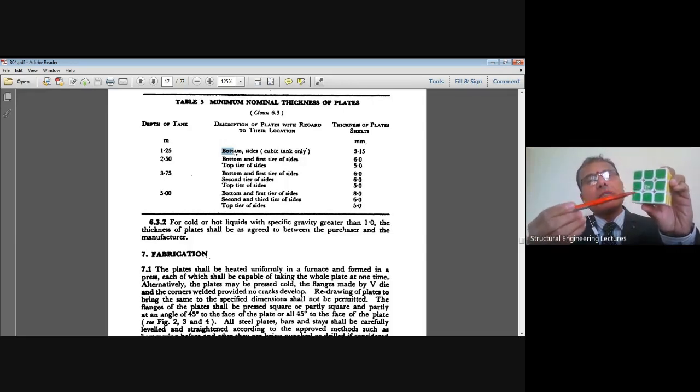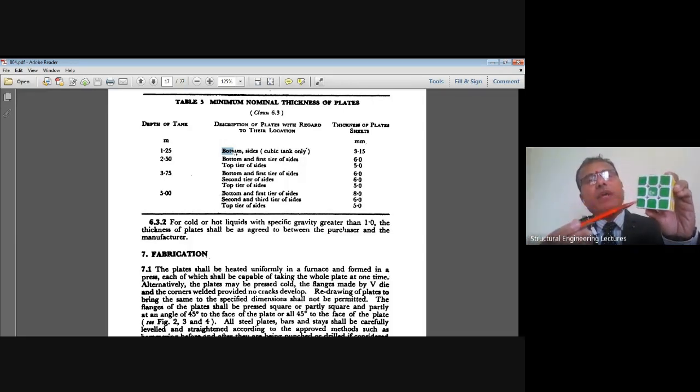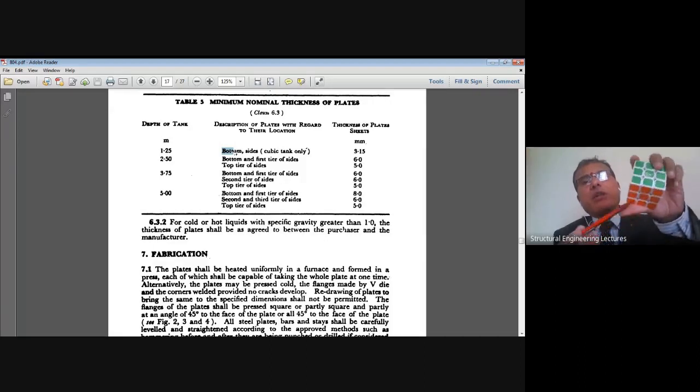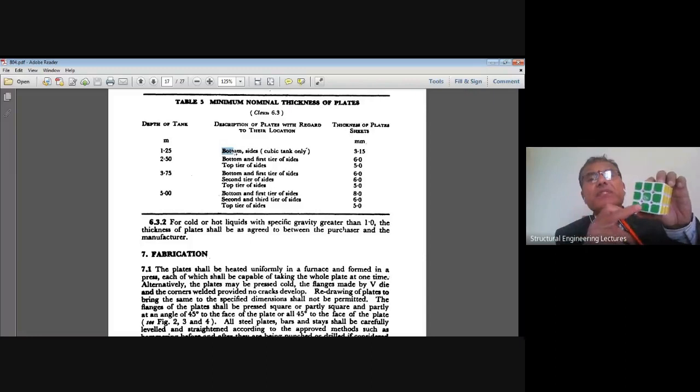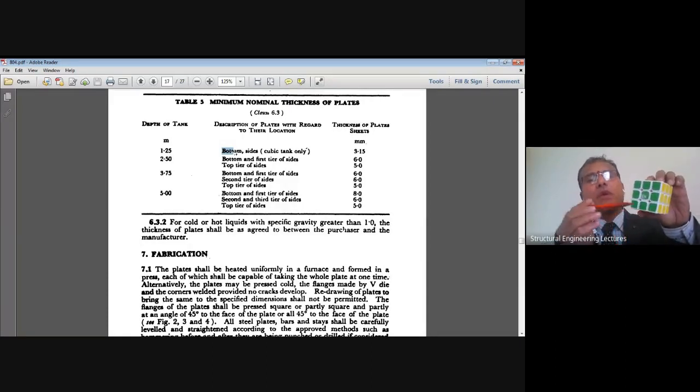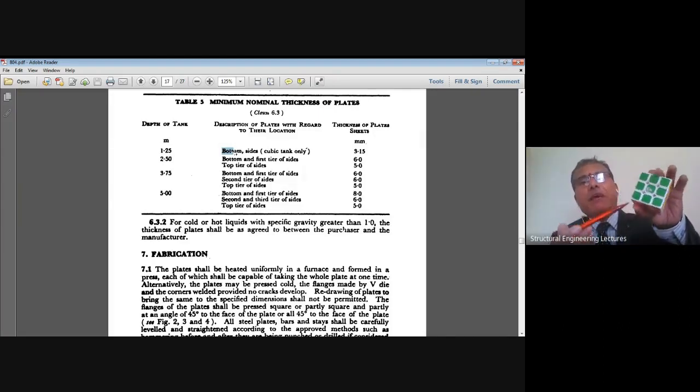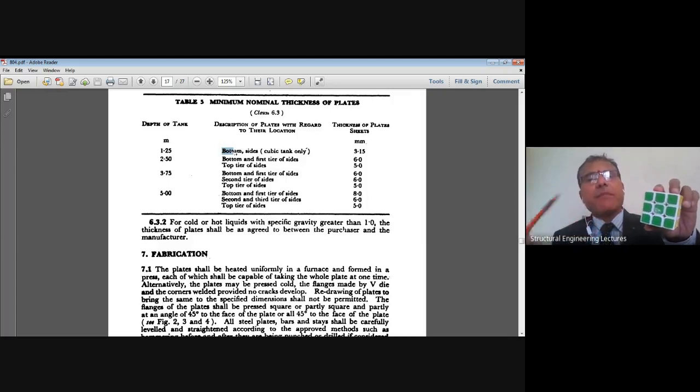If you have only 2 tires, then 2 multiplied by 1.25, 2.5 meter, then bottom plates and the first tire of the sides. First tire means the bottom is what is called the first tire. Both bottom and first tire should be at least 6 mm thick, whereas the top tire should be at least 5 mm thick.